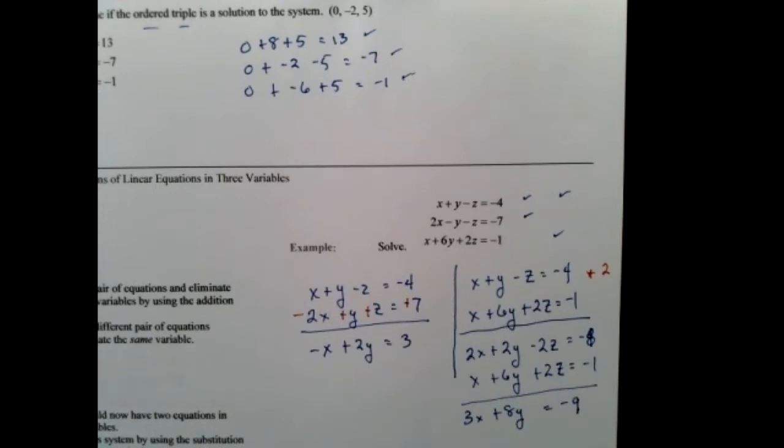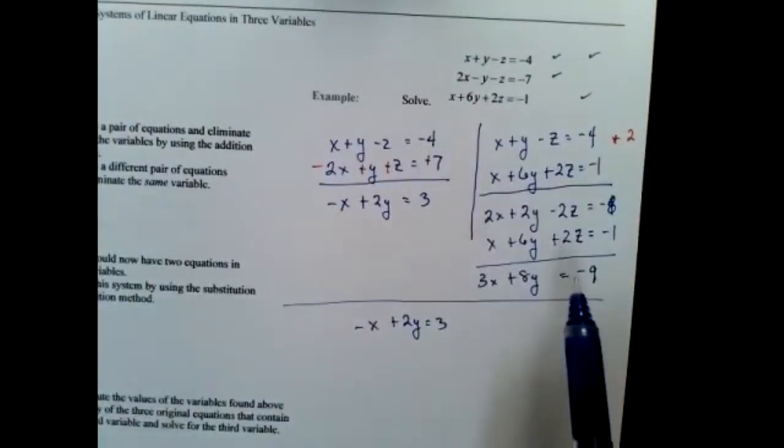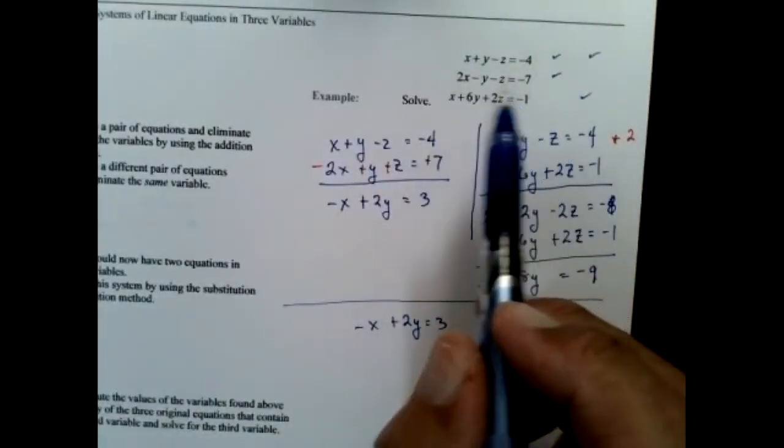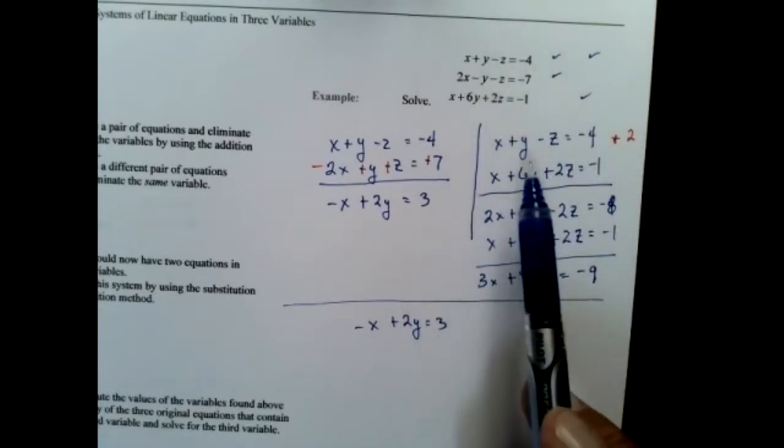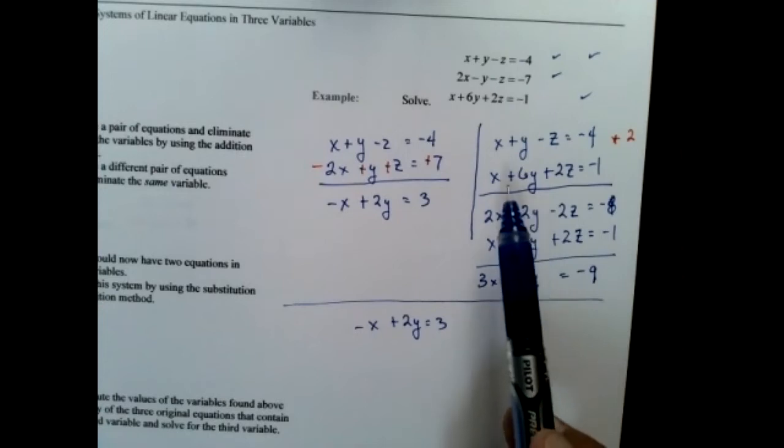Sometimes it's good just to pause to make sure you've copied everything down right. Negative x plus 2y equals 3. I know I've written these on the board from my notes in a classroom and copied them wrong. X, y, negative z, negative 4.